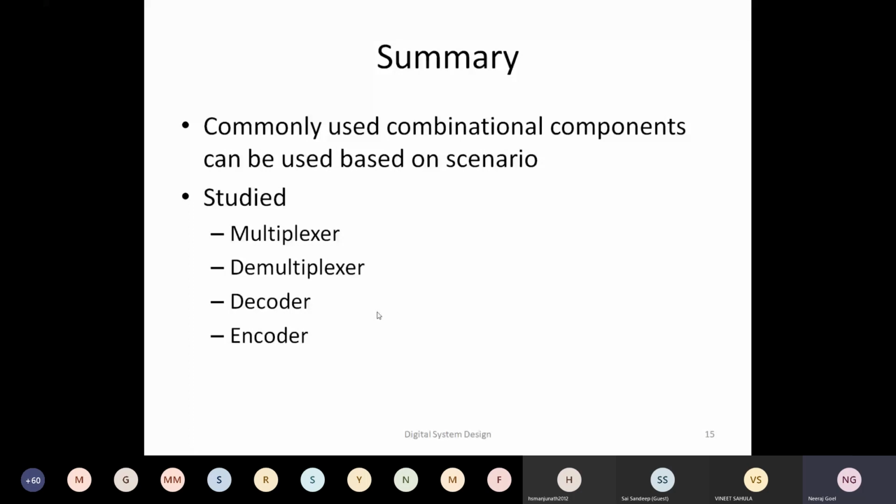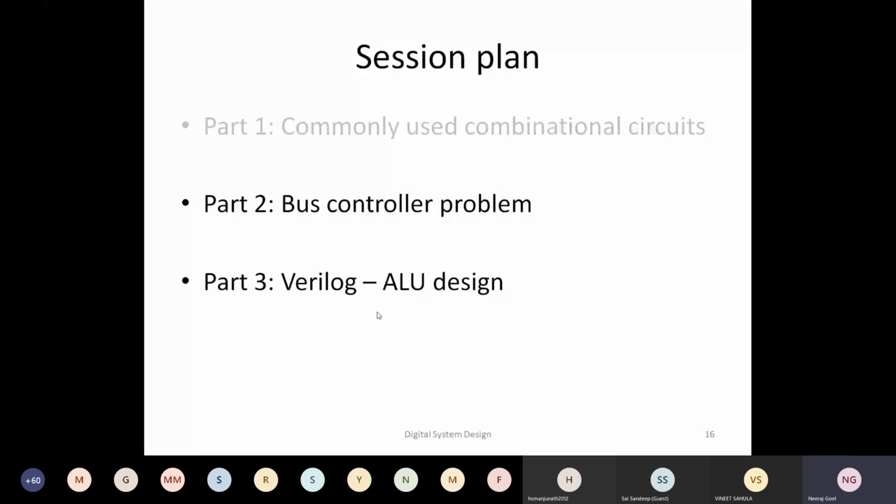Now, when we look at the second module, where we are trying to attempt this bus controller program, then we'll see how some of these commonly used modules can be used in actual design. So before I go to part 2, I will take a pause here, and if there is any question, I'll take that.